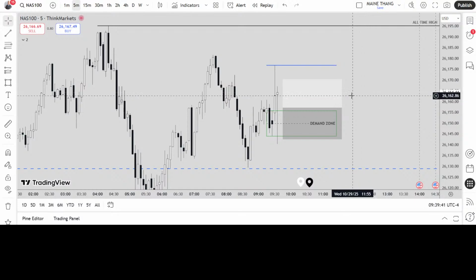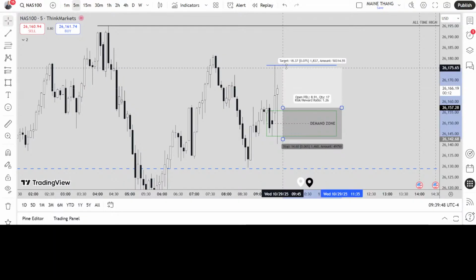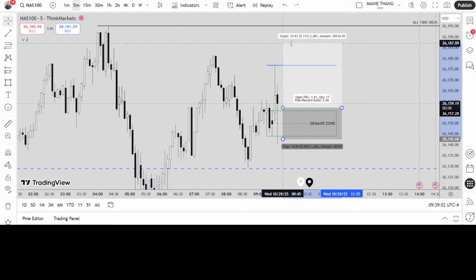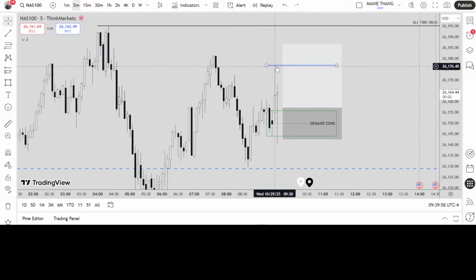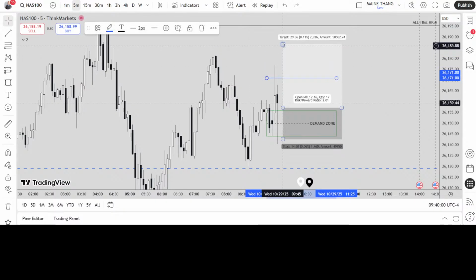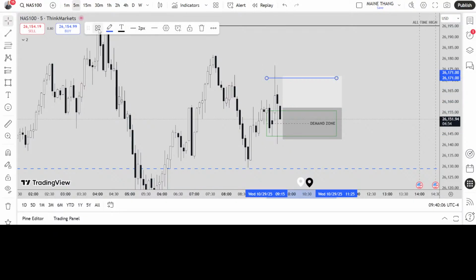Candle flip. And it's 1 or 2. It's here. This is your 1-to-1.